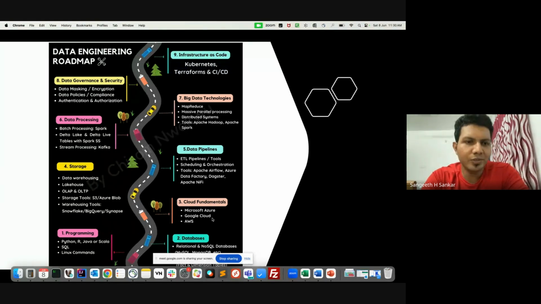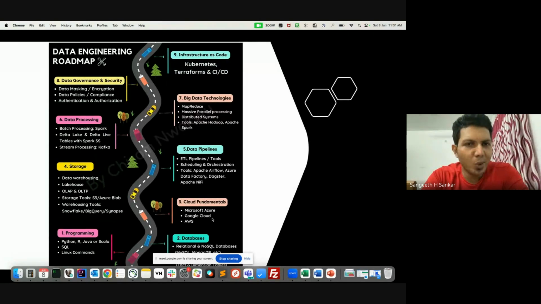There won't be any kind of ingestion happening from the outside world, which can steal data from your site and end up messing your whole ecosystem. So data governance and security are very crucial for all organizations these days, and there are a lot of tools and technologies in place to implement that.